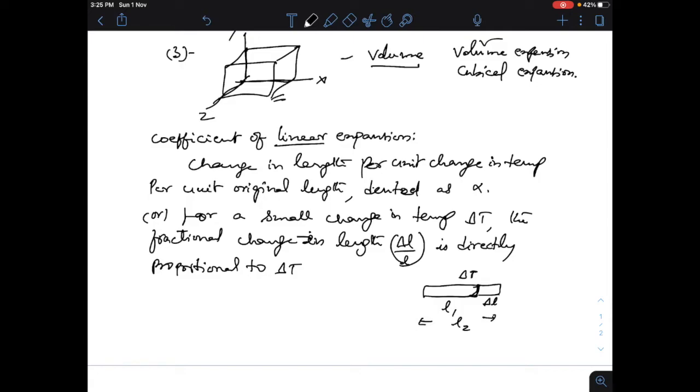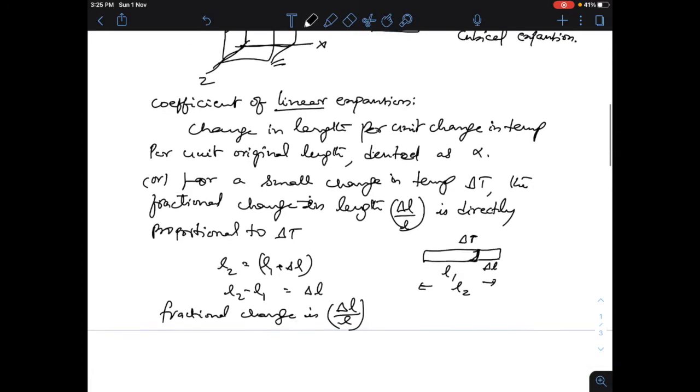So the change in length: L2 is L1 plus delta L, so L2 minus L1, I'll write as delta L. Then the fractional change is delta L by L.